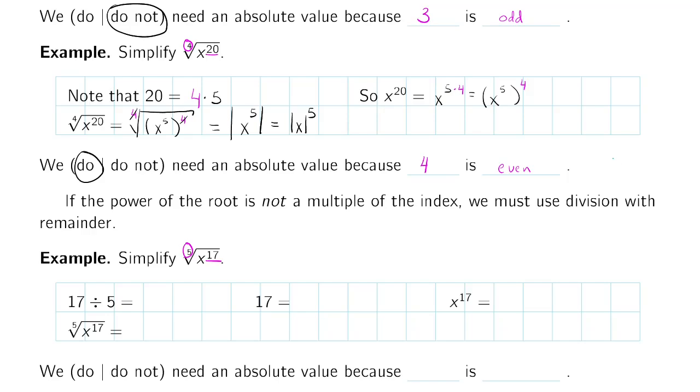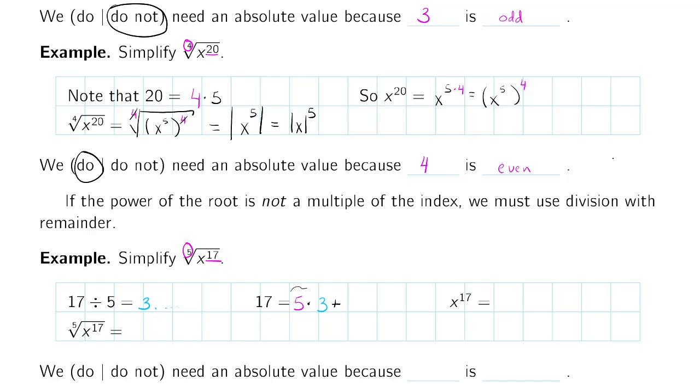And we see that 5 goes into 17 3 times, and then we get some decimal. 17 is 5 times 3 plus something.